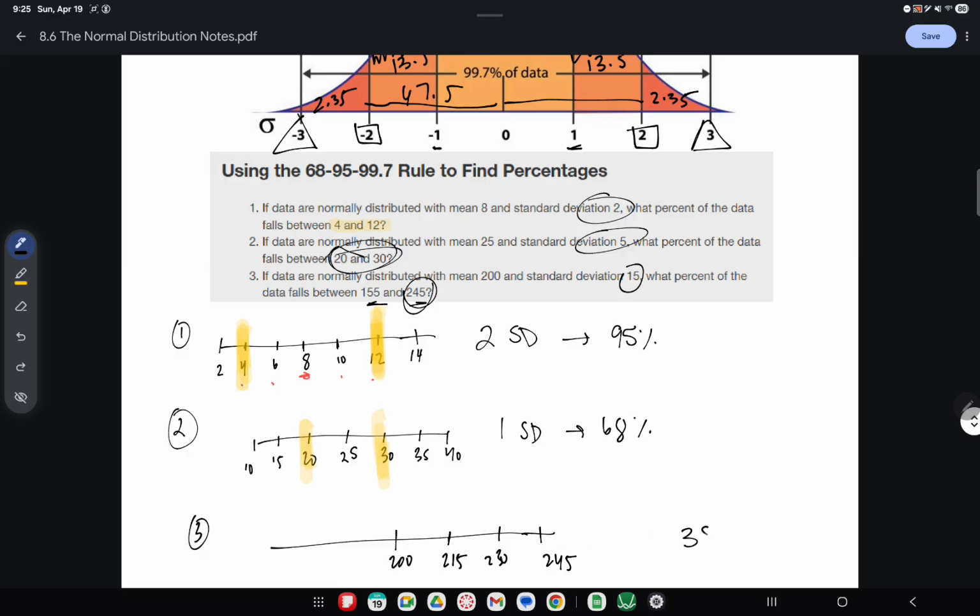So I am within 3 standard deviations. I'm going to check the other side though. If I subtract 15, I get 185. Subtract 15 again, 170. And then subtract 15 one more time for 155. So it is within 3 on each side. Then that goes with 99.7% of the data.